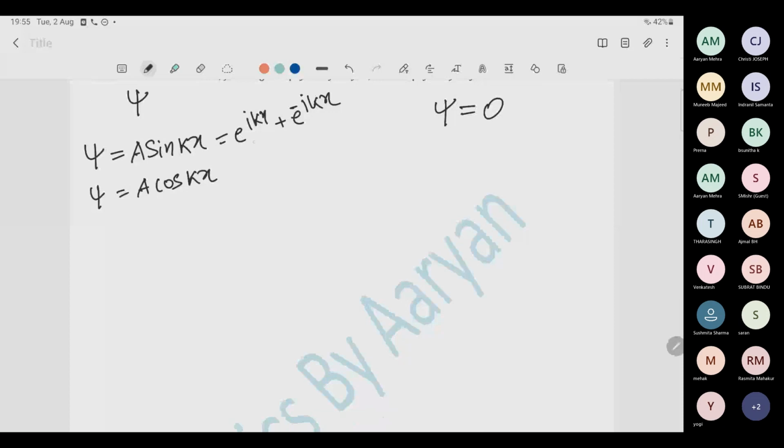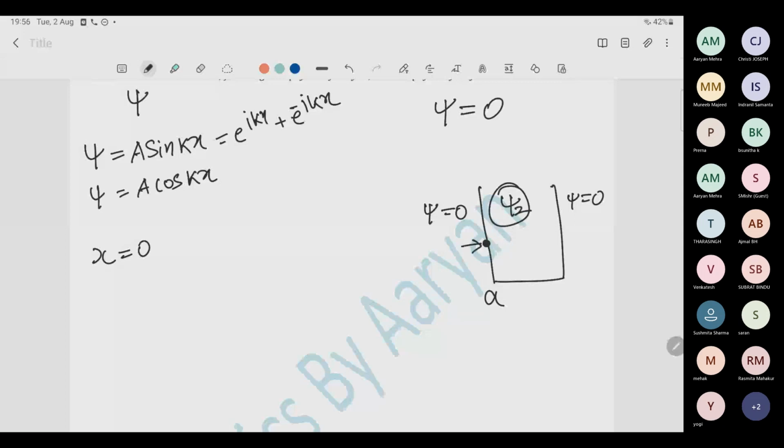We just defined that your wave function must be continuous. So at x equals 0, let me draw this wave function here also. The wave function is 0 here, and we are looking at the wave function here. If the wave function is 0 here, then the value of the wave function there must be 0 here, because if we come from here it should give you the value 0, and if we come from here it should again give you the value 0.